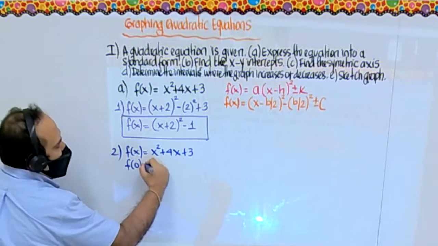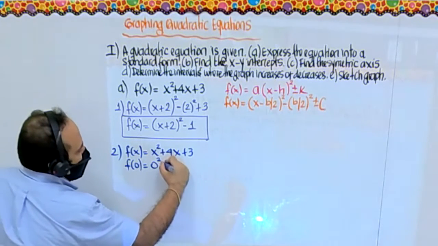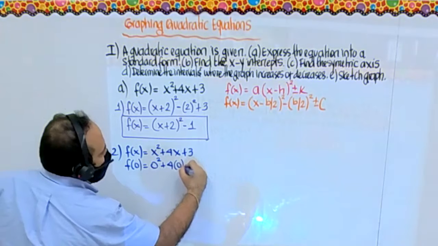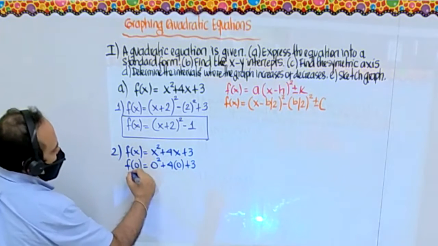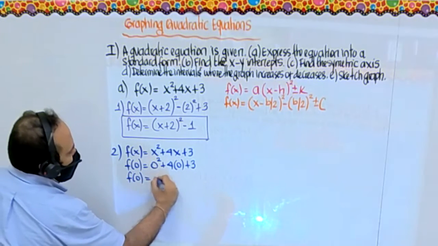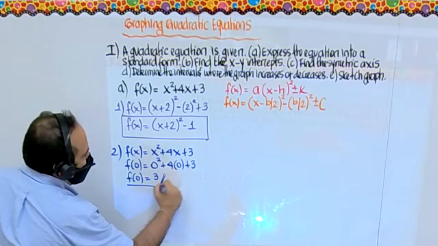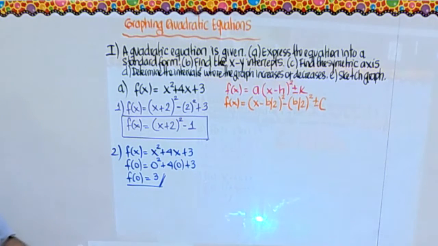I mean, we evaluate the entire function at 0, and as you can see, the result is 3. When x equals 0, y is 3.